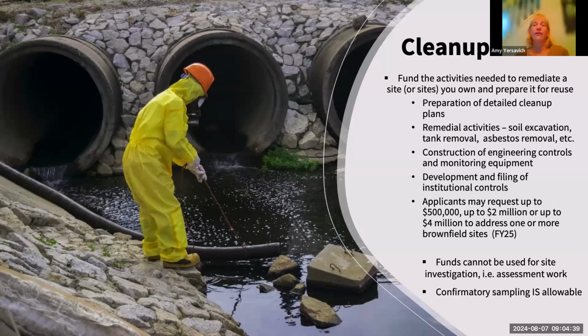Development and filing of institutional controls: any type of deed restriction or land use restriction, it will help pay for getting that put together and actually filing it. There are different pots of money. Carla will talk a little bit more in detail next about these, but applicants can request up to 500,000, up to 2 million. It used to be 4 million, but I'll let Carla talk about what the FY25 pots of money are because she'll be presenting next.